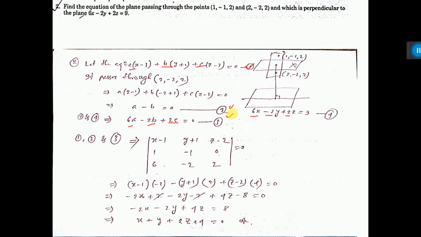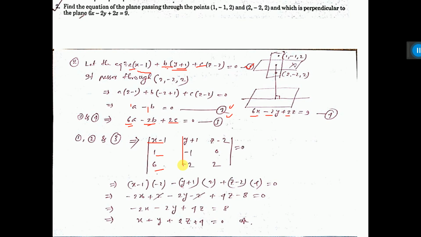From these 3 equations, if you eliminate a, b, c, then one determinant will form. Here coefficient of a, that is x minus 1, here 1 and here 6. You see that I have written in the first column. Here coefficient of b is y plus 1, here minus 1 and here minus 2.